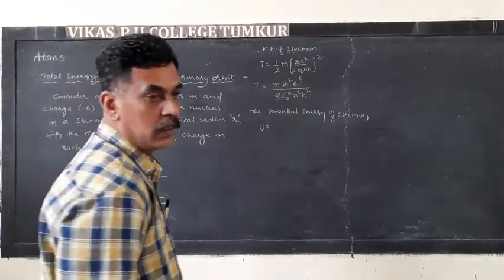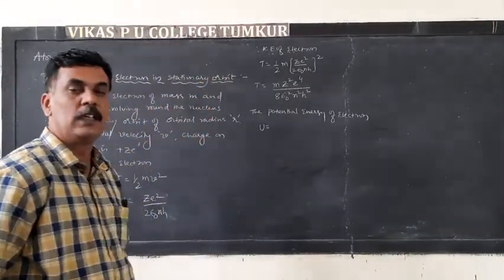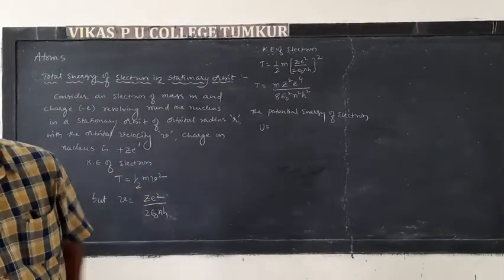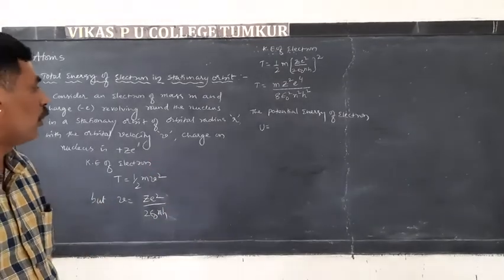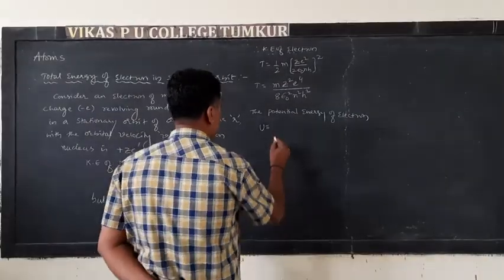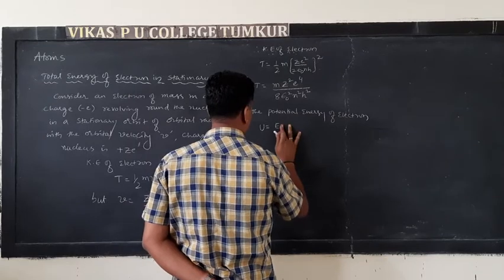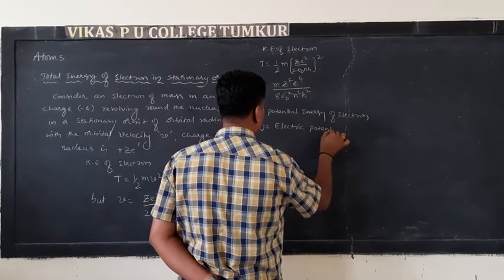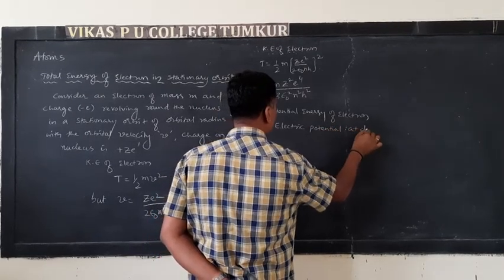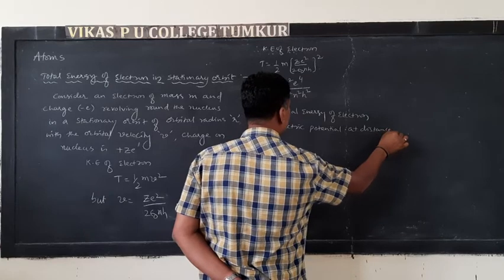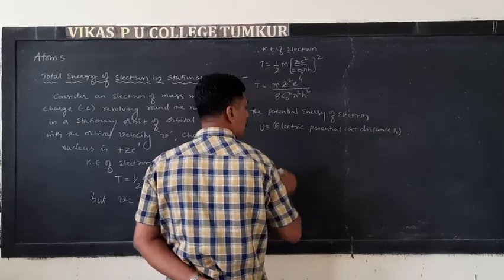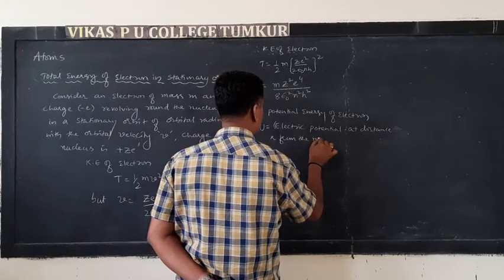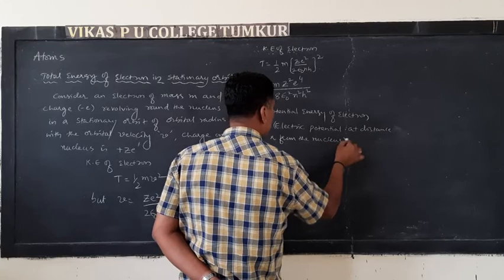Simple. In electrostatics, you have solved problems and obtained expressions for potential energy. So I write: electric potential at the distance r from the nucleus, into the electron charge.